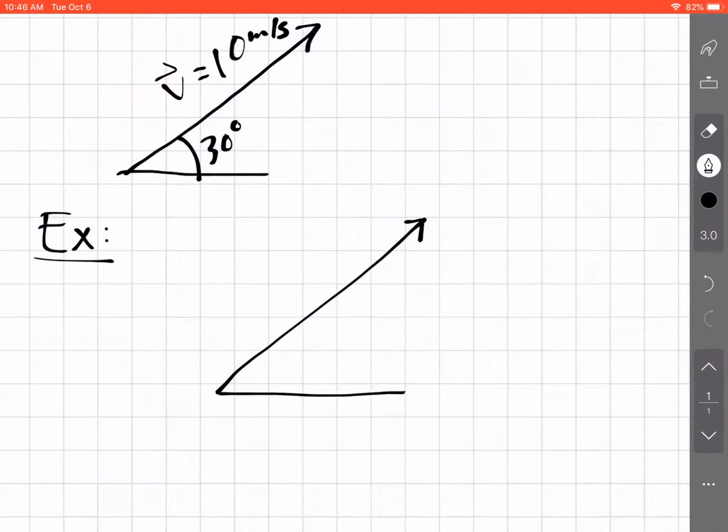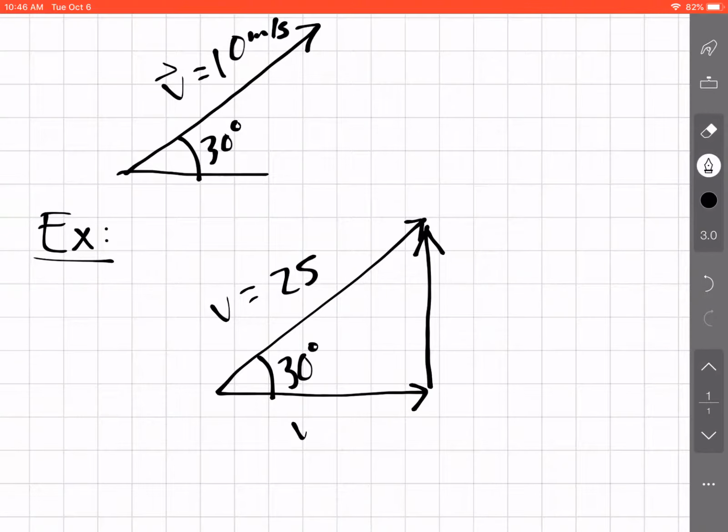So let's say, for example, that we have a vector like this with a magnitude of 25 at an angle of 30. And I want to find the x velocity and the y velocity.